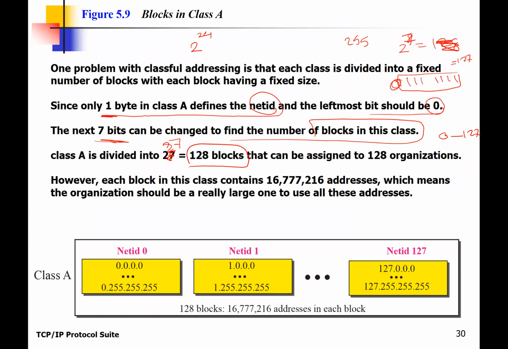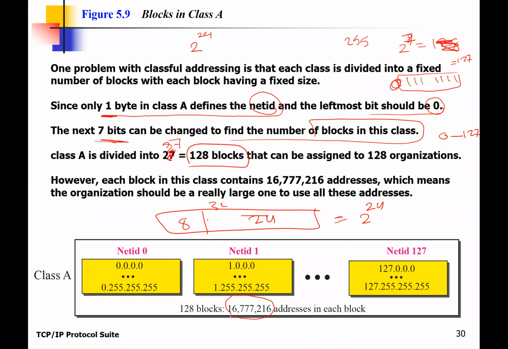And how many hosts in each block will I have? Remember, the IP address is 32 bits. I used 8 for the network ID. How much is left? So how many hosts will I have? 2 to the power of 24. And how much is that going to be? 16 million hosts for each block.